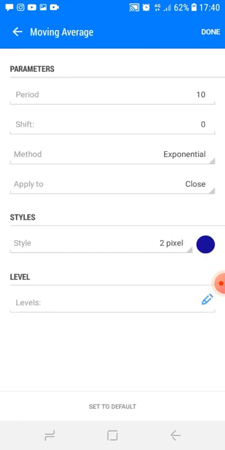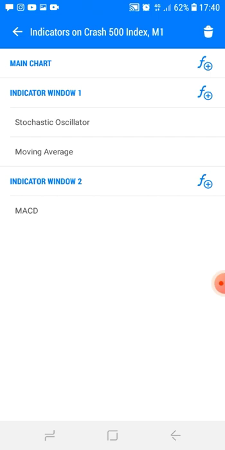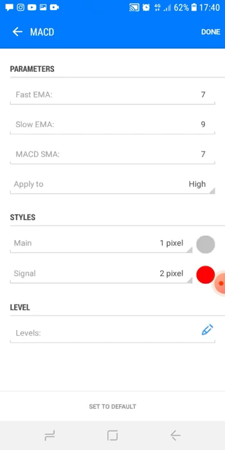The second one is the moving average, right inside the stochastic oscillator, meaning right inside the indicator window 1. That's the moving average: 10, 0, exponential, close, any color. It can be blue, it can be red, it can be any color. The last one, on the main chart, is the MACD: 7, 9, 7, high. That's it.